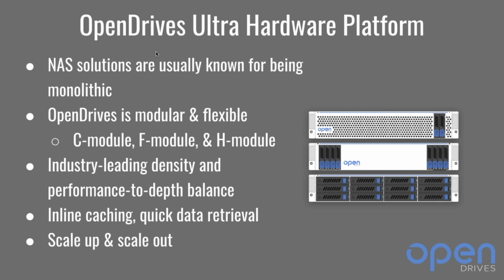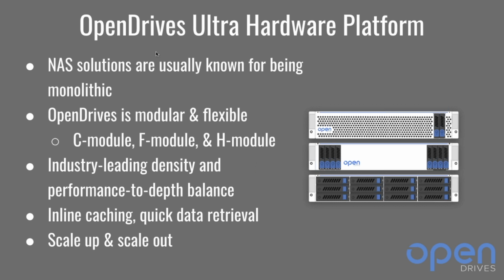We have industry-leading density. We have everything you see in 2U and a very shallow design, so it's good for OB vans, for flight cases and flight packs, really lightweight and shallow. The inline cache and quick data retrieval is one of our key benefits.